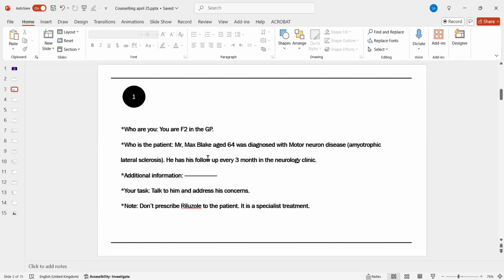Usually in counseling, we search for risk factors, okay? Here, to be honest, this case is a bit different from many cases. You don't need to ask about risk factors here.